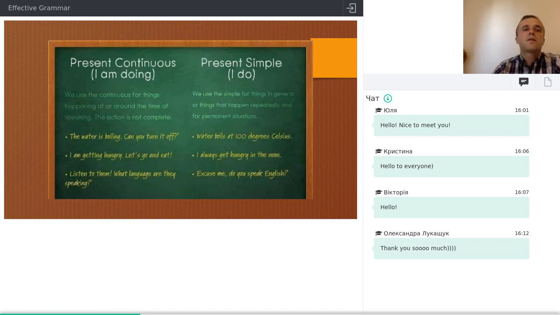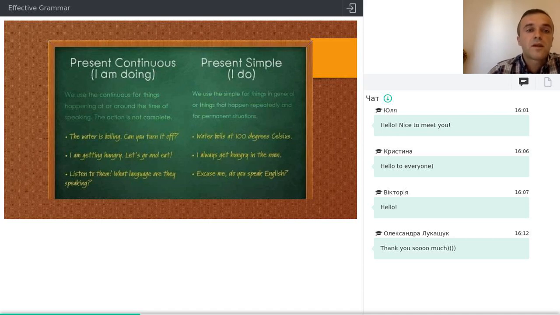Also here there are some templates that give us a clear vision where we have to use present continuous and present simple. So, for example, the water is boiling, can you turn it off?